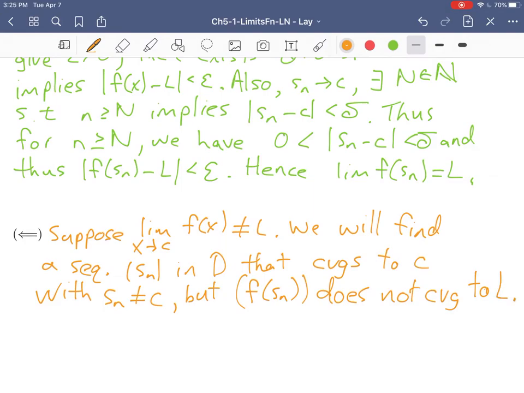All right, so we're supposing that our limit of f of x at C is not equal to L.